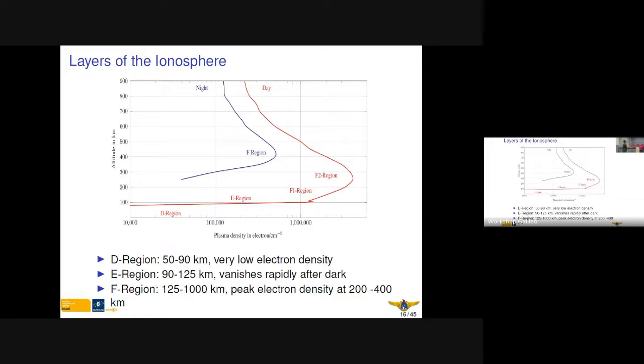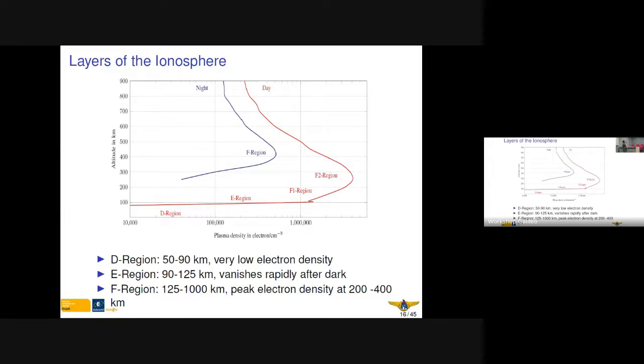This is showing a small graph showing the layers of the ionosphere, and we see on the x-axis we have the plasma density in electrons per cubic centimeter, and on the y-axis we have the altitude in kilometers.